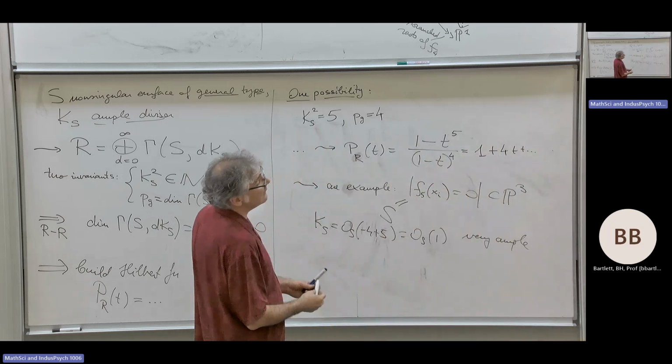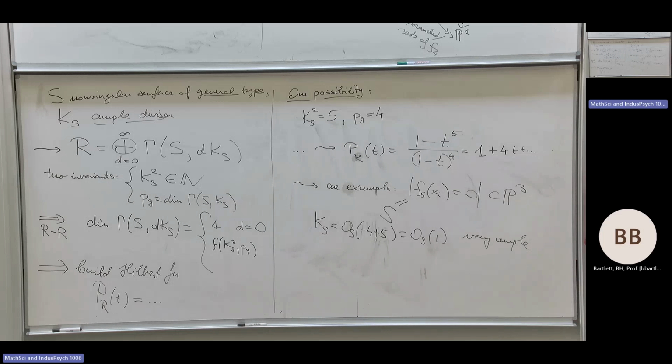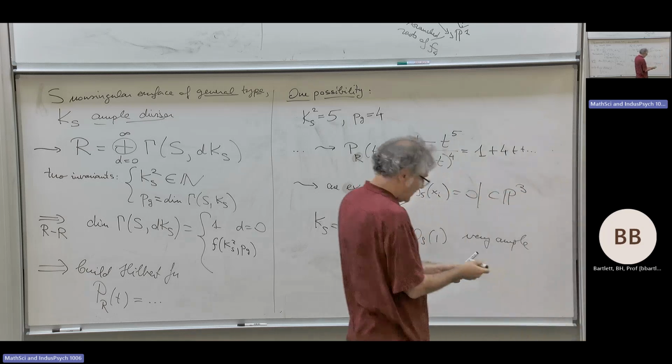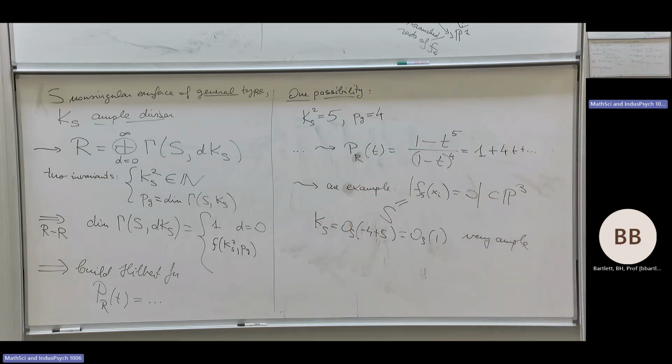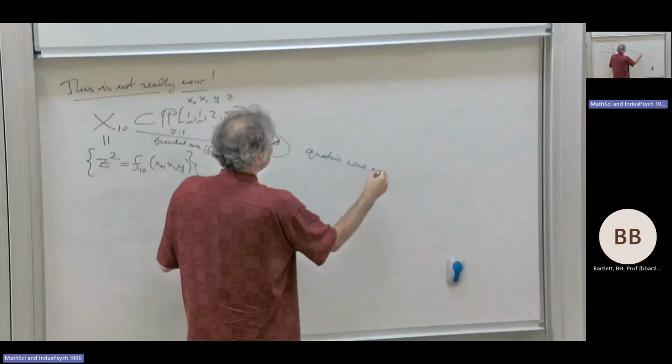Now, this is still a singular variety. This is a double cover branched over f10 equals 0. But actually, this variety was known to Enriques. This variety has a different description as the quadric cone in P3.